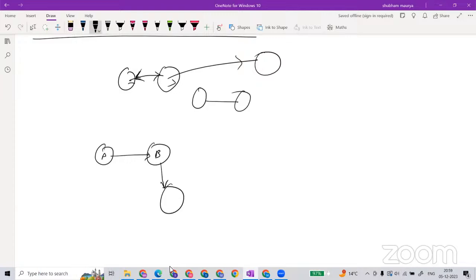Suppose the vertices are A, B, C. We cannot reach from C to A, but we can reach from A to C, and from B we can reach C. So in this situation, a graph could be connected or not. So generally, we talk about undirected graphs.